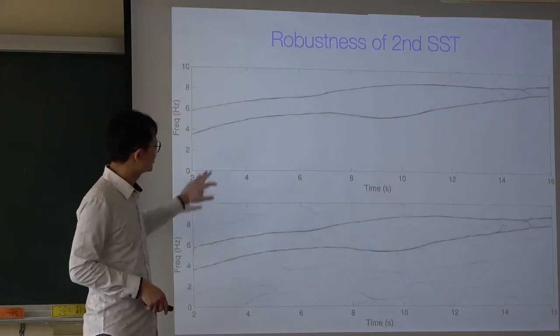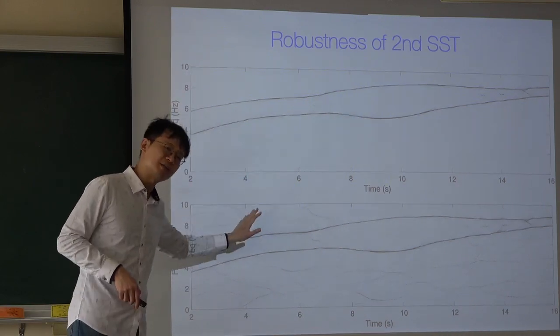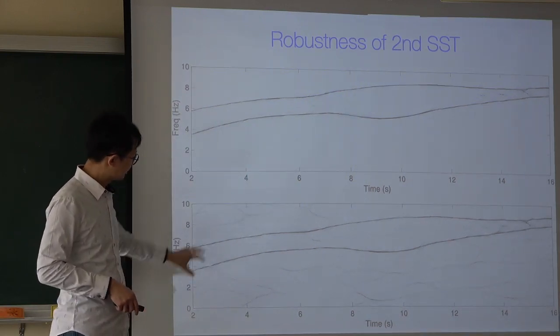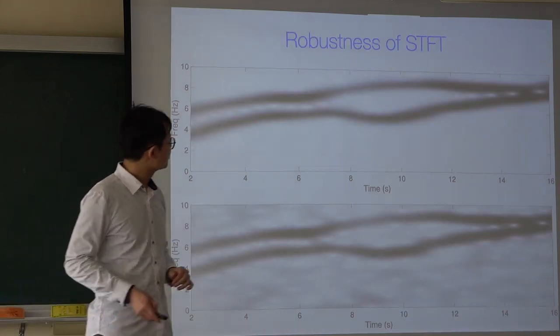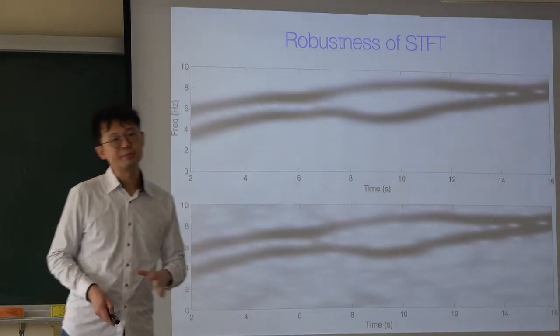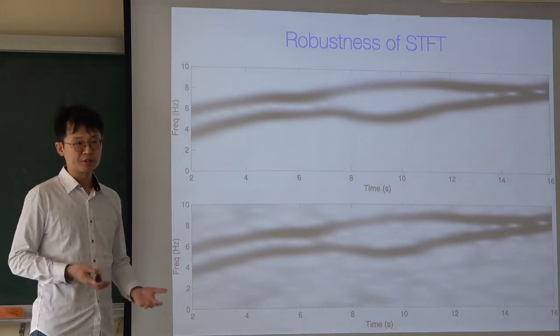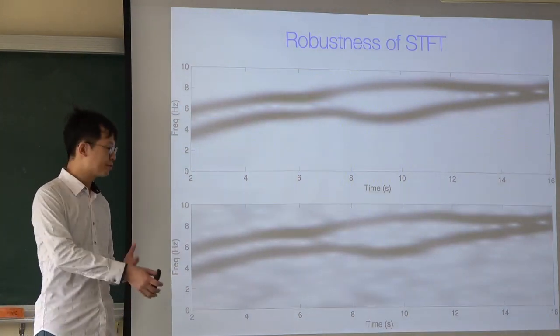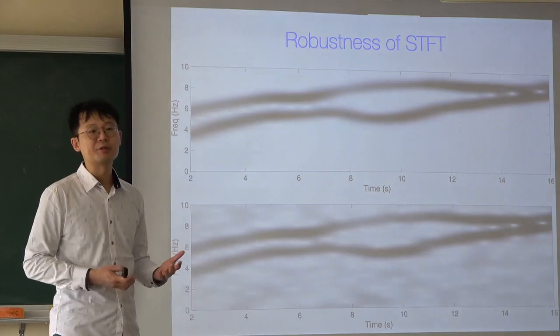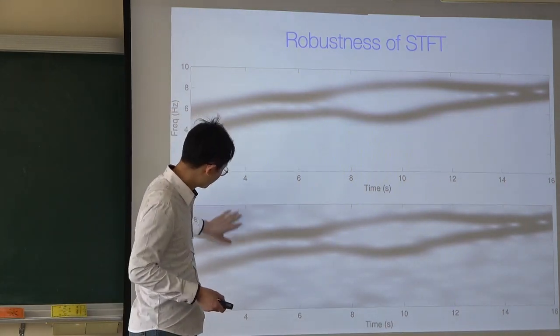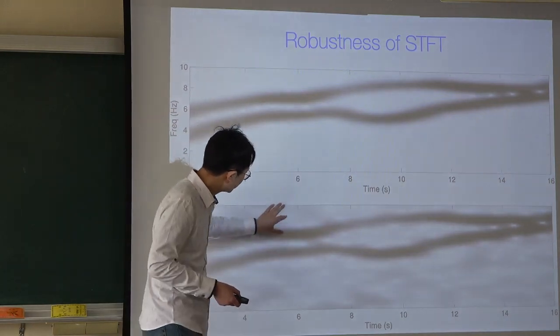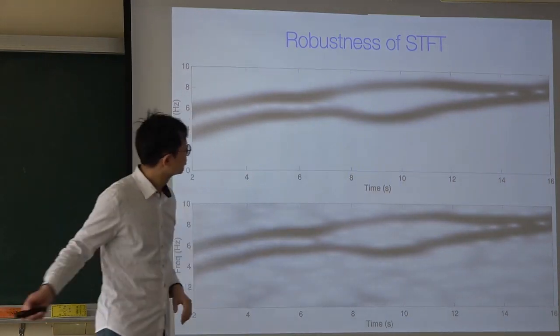But we know more for first order synchrosqueezing, which we'll discuss in a bit about the distribution. But second order is still an open problem. We also have robustness of short-time Fourier transform, because in the end of the day, short-time Fourier transform is nothing but doing some local averaging of noise. So you see, this background has some weird stuff, but overall it's okay.